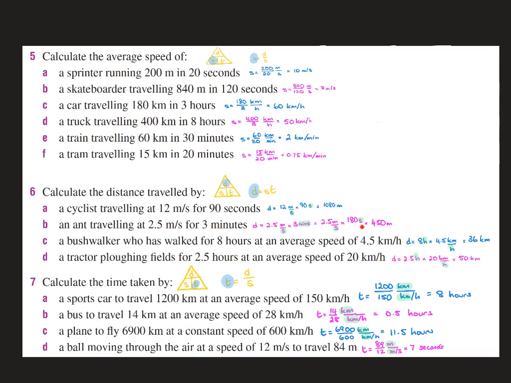We need to make sure that they're both in the same time units. So you can see here I turned 3 minutes into seconds, and then I can work it out. If they're not in the same units, you won't get the correct answer. So always check, if you're substituting in a speed, that either your distance units or your time units are in fact the same.